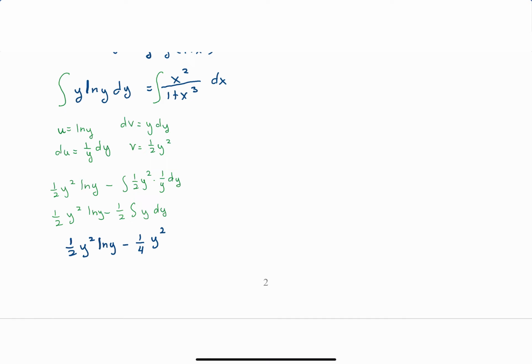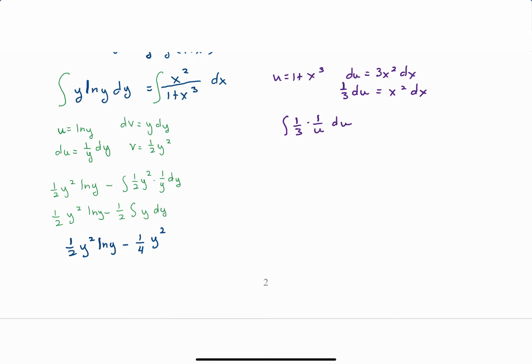On the other side, I will have a substitution I need to make. So for this side, let's let u be 1 plus x cubed. Then du will be 3x squared dx. So I will be putting in a 1/3 du for the x squared dx, which will give me the integral of 1/3 times 1 over u du.